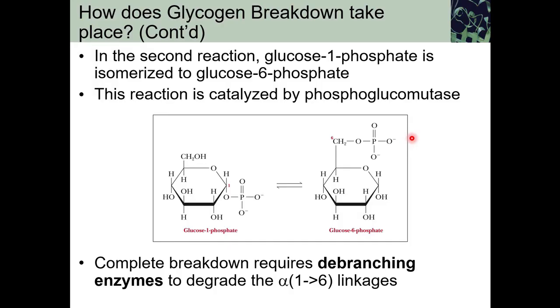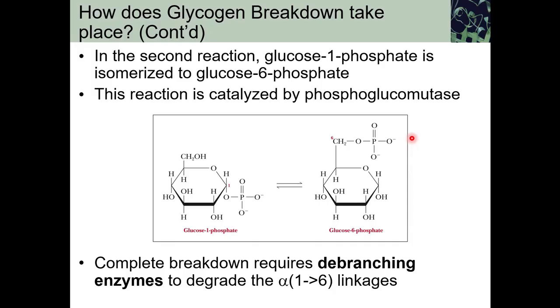Remember, the muscle is decomposing its glycogen at a very significant rate so that it has enough glucose to sustain its strenuous activity. In other words, you're providing the muscle with a lot of glucose molecules in the form of glucose 1-phosphate.